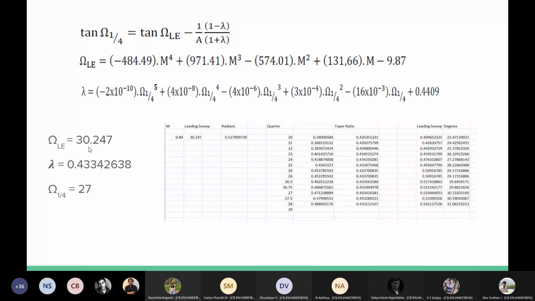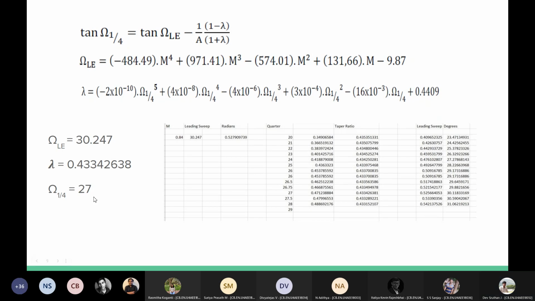And we found the leading edge angle using M as 0.84, and we iterated it, and we found the angle at quarter chord to be 27, where it coincides.